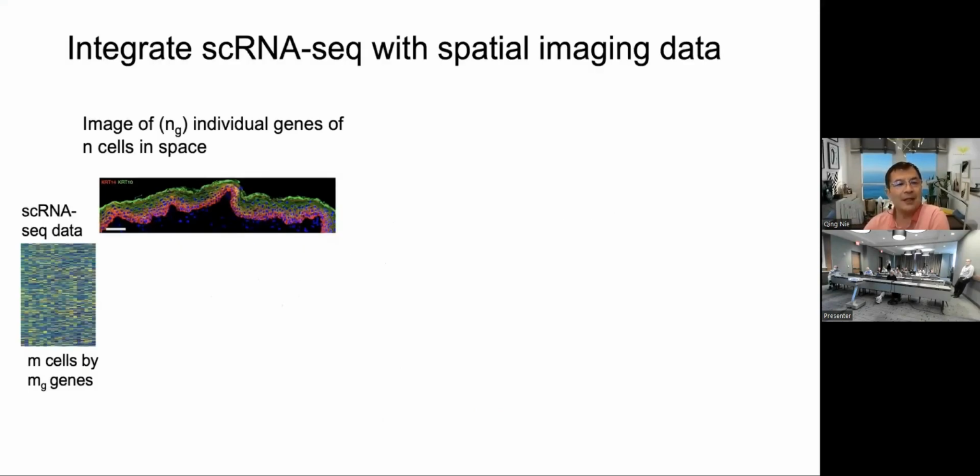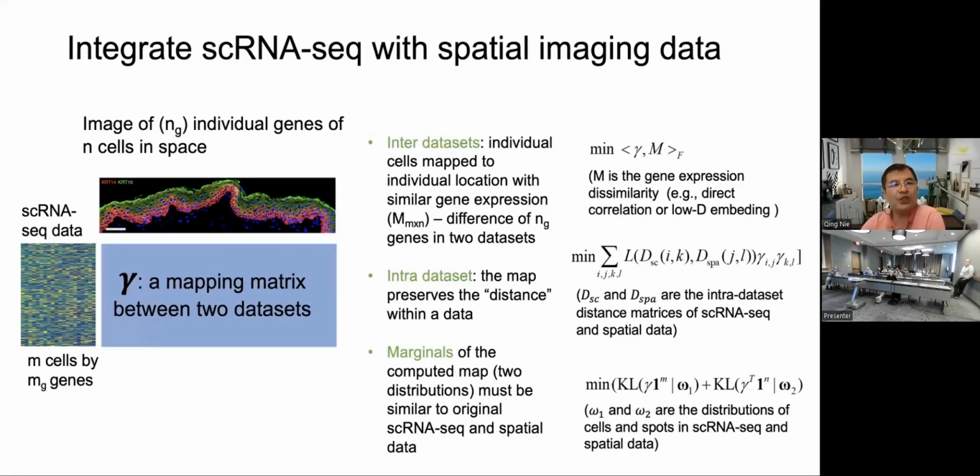So if you have the data, which is the matrix, and then you have the imaging with a few genes, can you use that information to guide your analysis? Can you do a map between these two data sets?